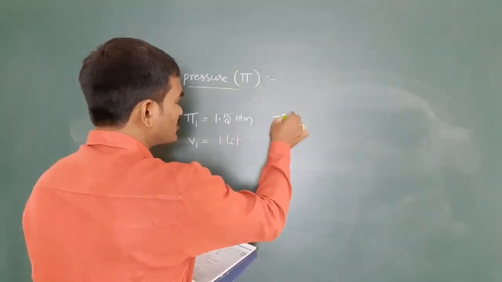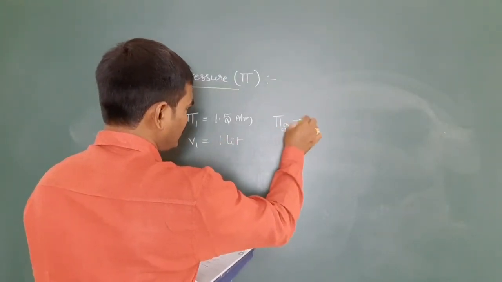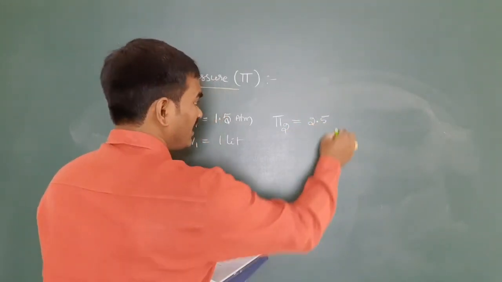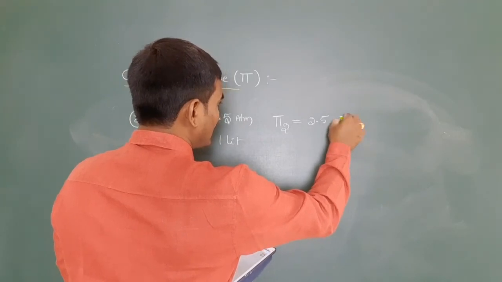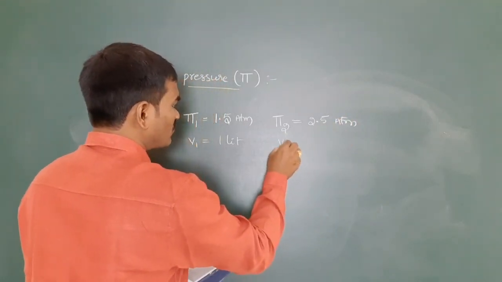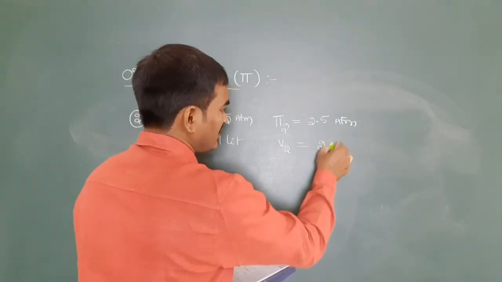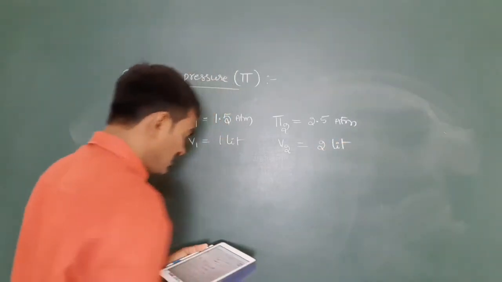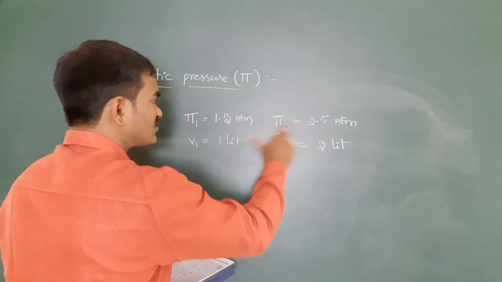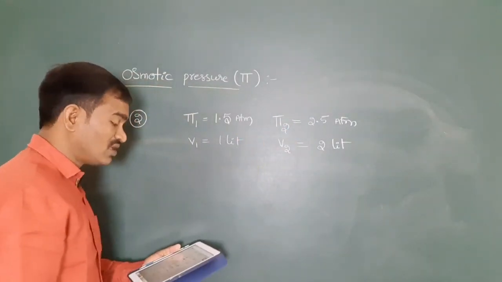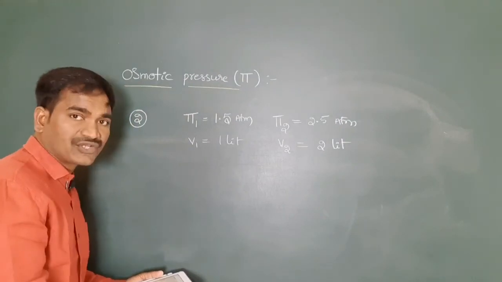The second solution's osmotic pressure is 2.5 atm, and the volume V2 is 2 liters. They are asking, when you mix these two, both having the same solute, what is the third solution's osmotic pressure?